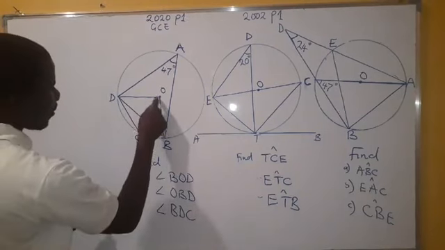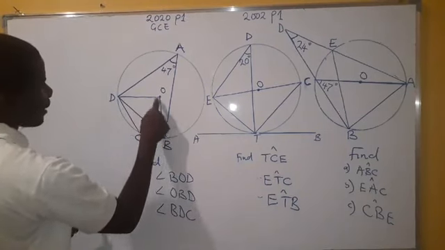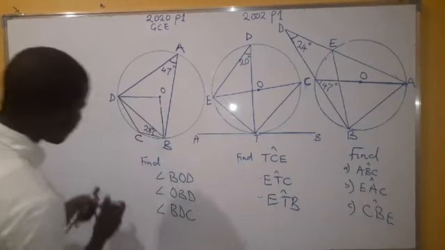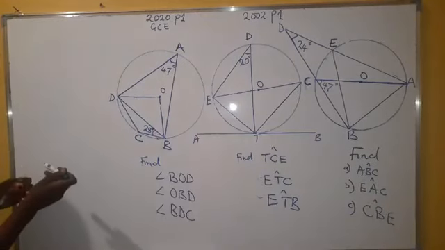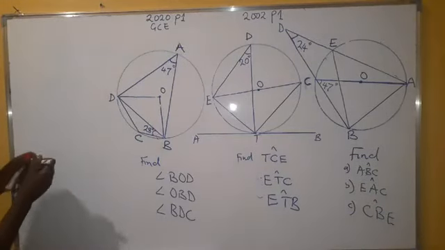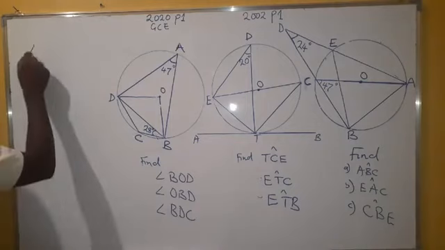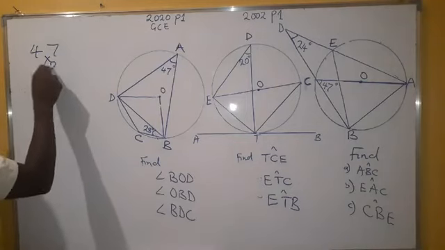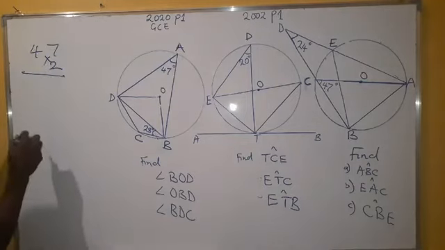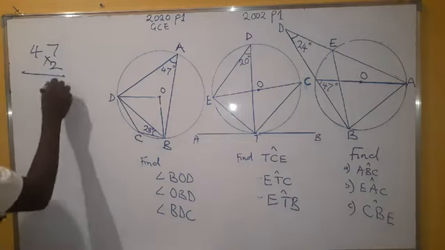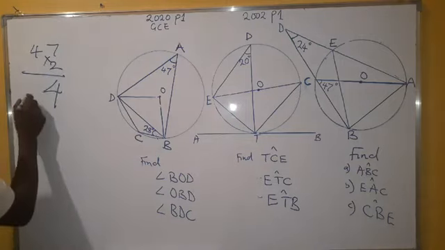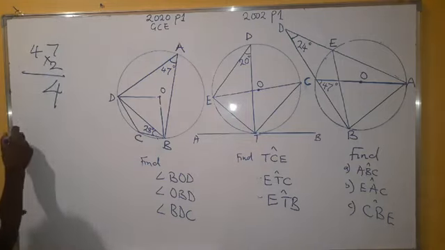So to get this angle here, remember, the angle at the center is going to be 47 multiplied by 2. I'm going to get 94.